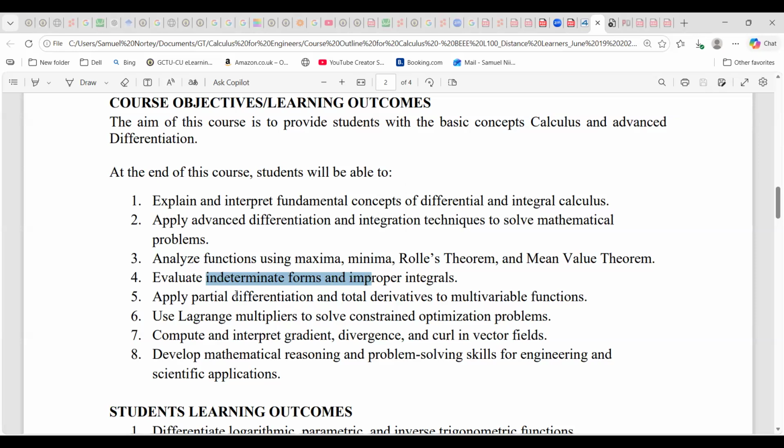How to apply partial differential equations, how to use the Lagrange multipliers, and how to compute and interpret gradient and divergence and curl functions. So basically, at the end, we should develop very good mathematical and problem-solving skills, good for a course and good for engineering.